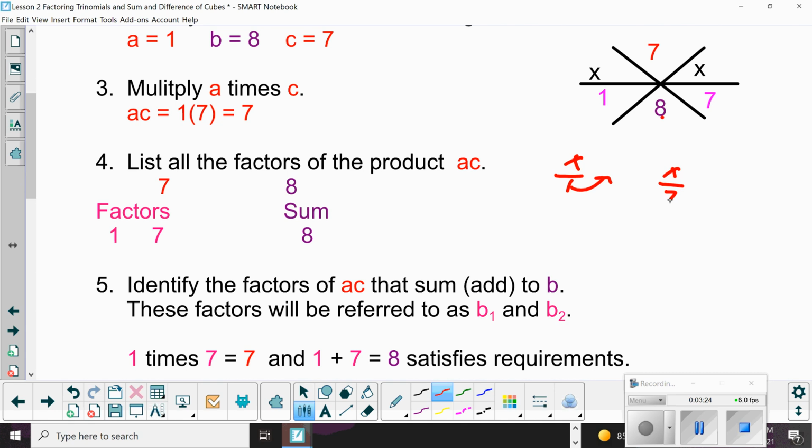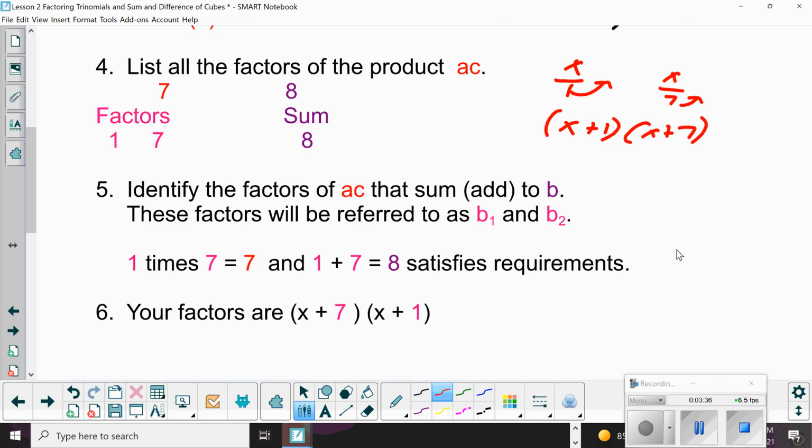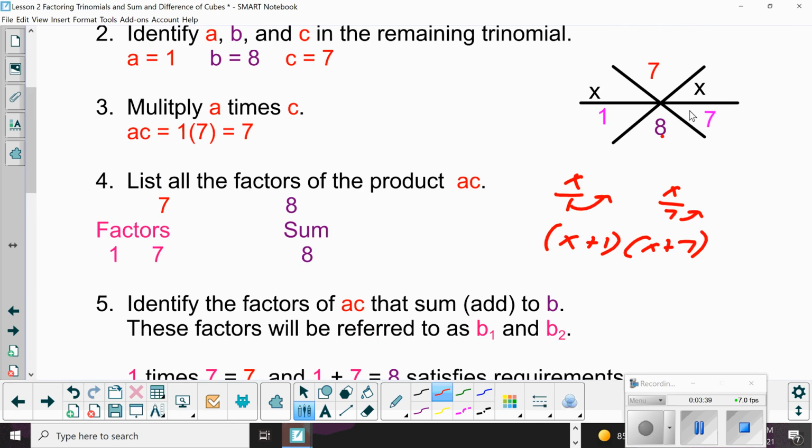And if you just think about bottoms up, and remember both of these are positive, you get X plus 1 and then X plus 7. And you're there. And 1 and 7, that's the hard part. 1 times 7 equals 7, 1 plus 7 equals 8. They have to multiply to this value, and then they have to add to this value.